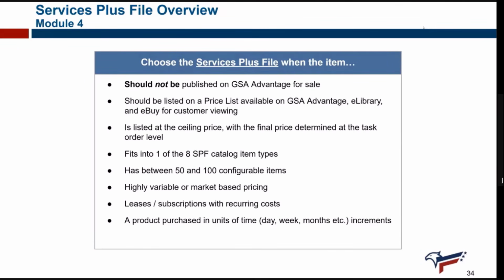It also applies if it includes leases or subscriptions that have recurring costs, or if you have a product purchased in units of time, such as daily, weekly, or monthly increments. Okay.